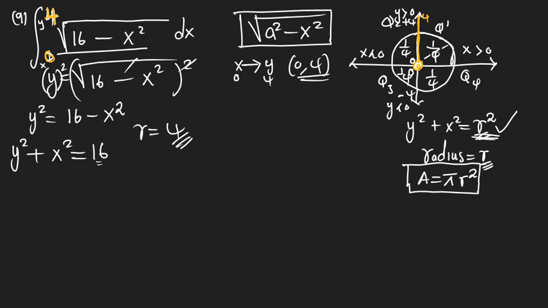Now, to be able to calculate this, just take a quarter of that circle and you'll be able to find this part. It becomes very easy. That is how you solve this particular question. In fact, they just want you to solve a quarter of this circle, because they've already given you the square root of 16 minus x to the power 2.